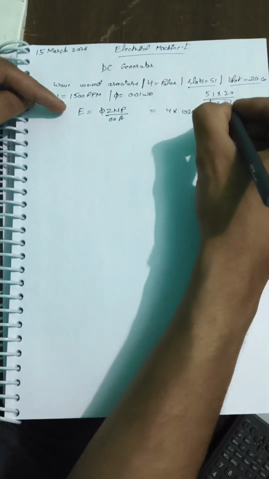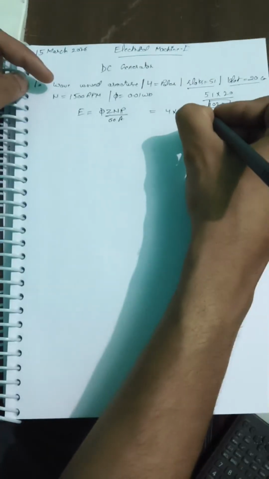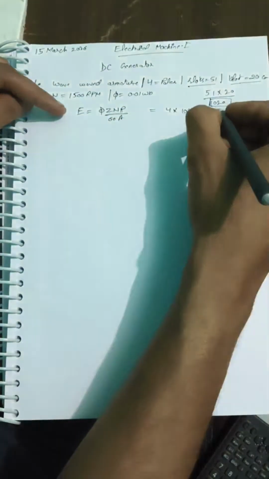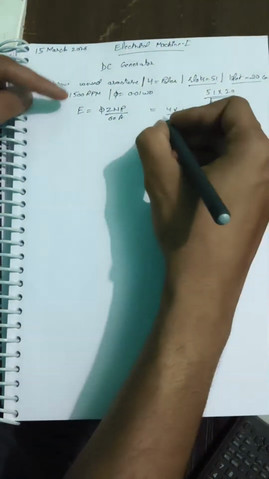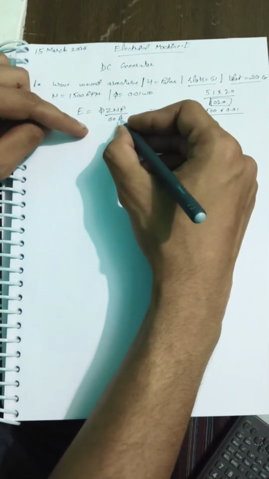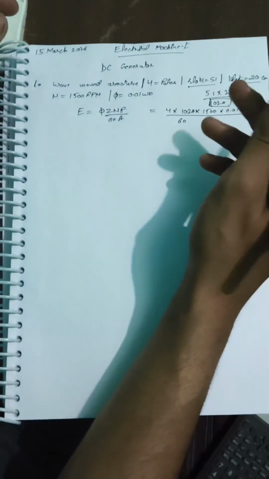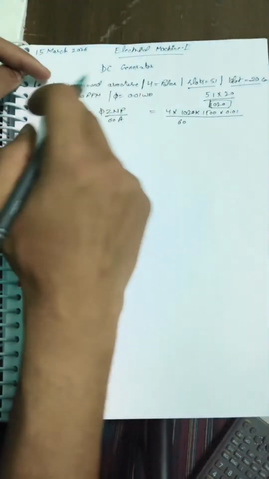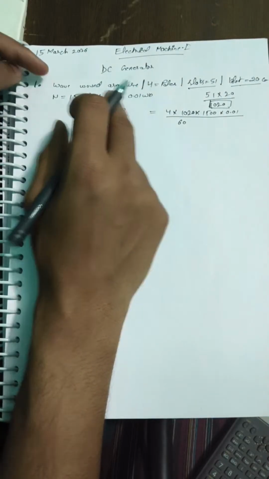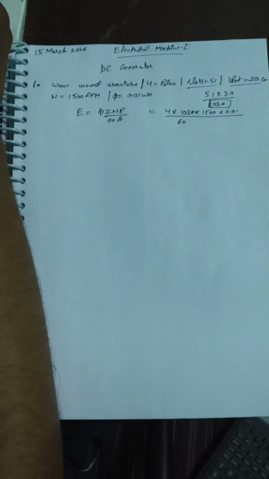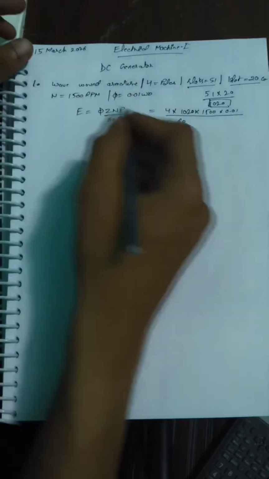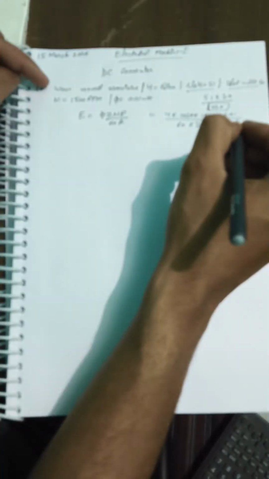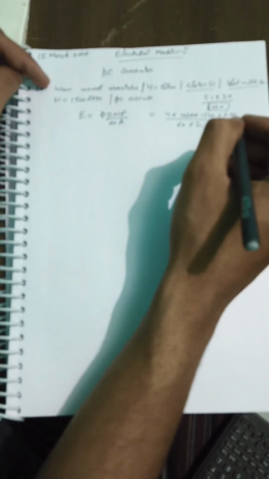These are the number of armature conductors Z, then the speed and the flux per pole, divided by 60, which is a constant, and here is the number of parallel paths. It is not clearly mentioned, but we have a wave wound armature. We discussed that a wave winding has two parallel paths irrespective of the number of poles.